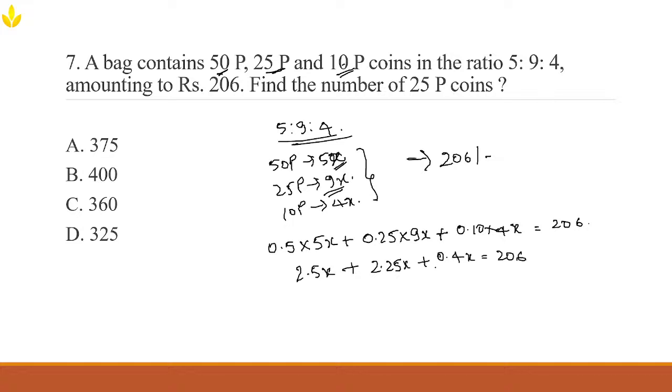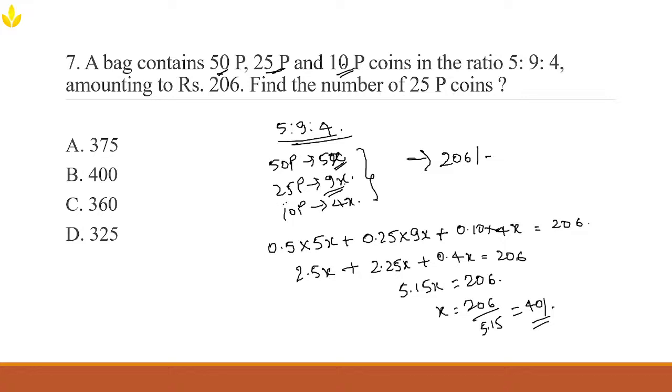And the total value is nothing but 5.15x, that is equal to 206. So x value is equal to 206 divided by 5.15, that will be equal to 40 rupees. So x value we have got now is 40 rupees.